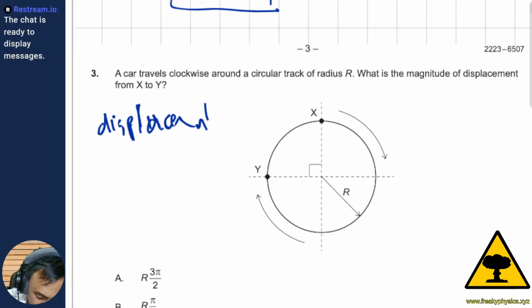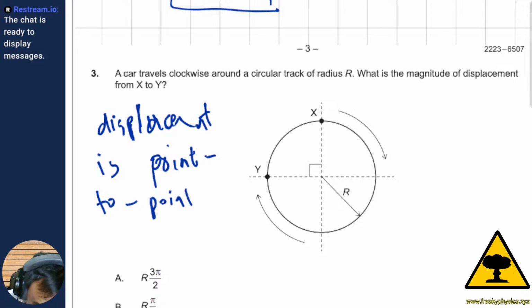Displacement is point to point. So from x to y, this is our displacement right there. And you can calculate that displacement easily.